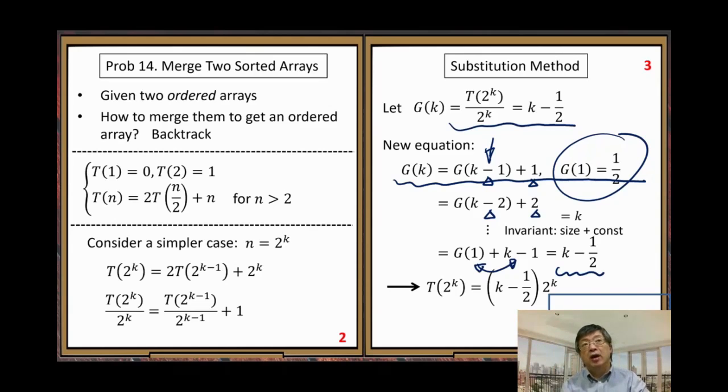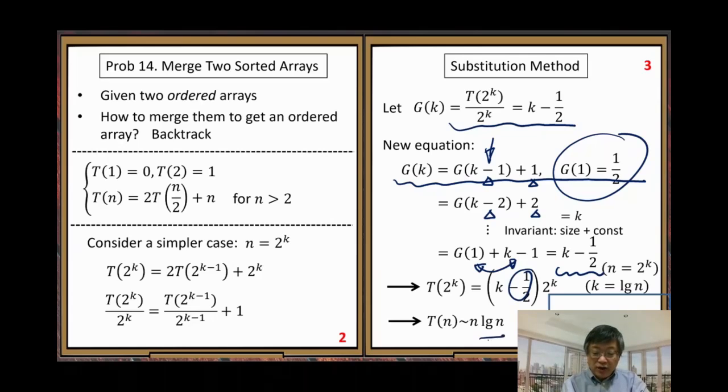But we want to go back to the original variable n, in terms of n, not in terms of k. So here we can represent k as log base 2 of n. So then you can see t of n is approximately, because we dropped that 1/2, n log n.